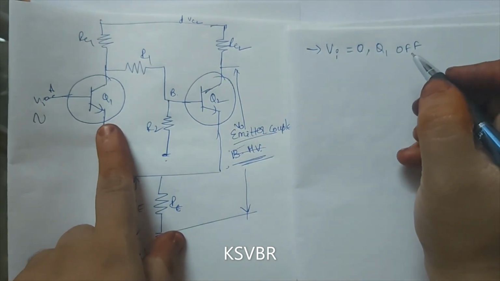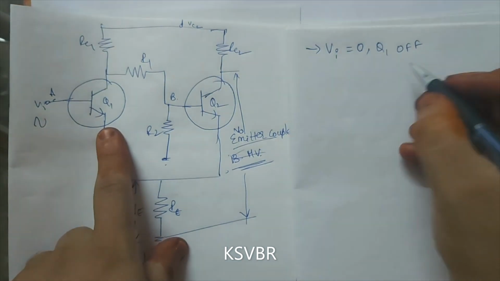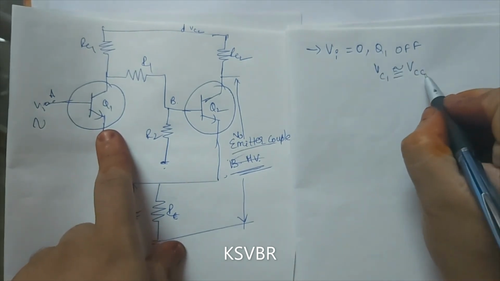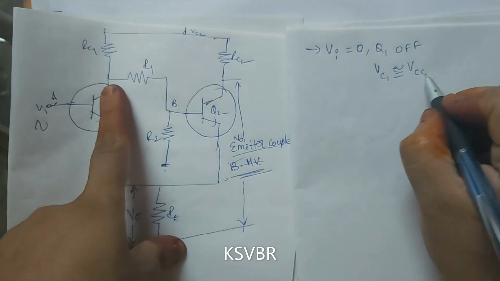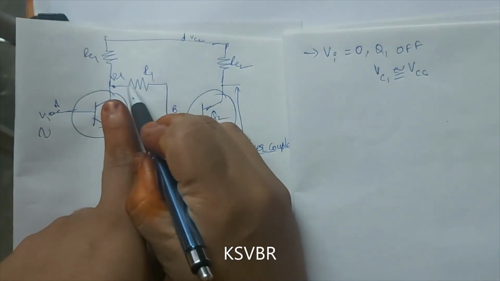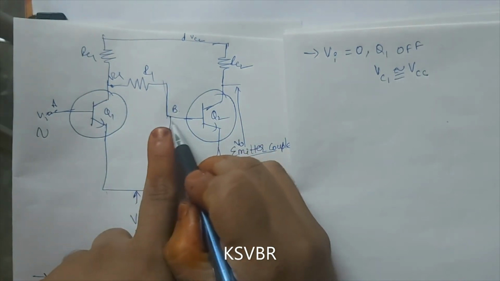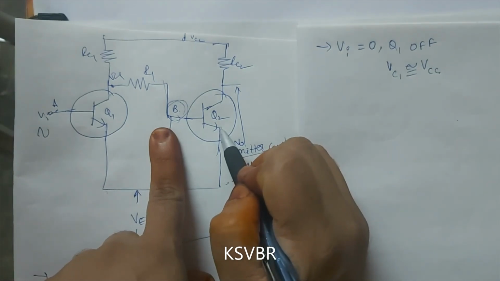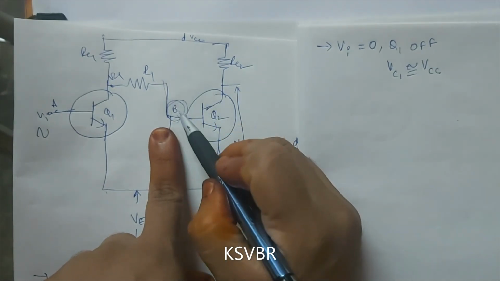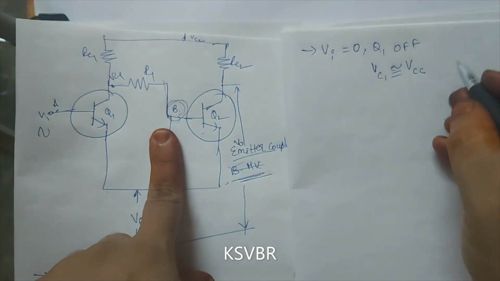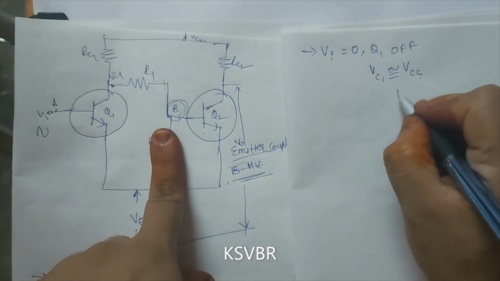So Q1 is off, and VC1 will be approximately equal to VCC. That voltage is sufficient to drive Q2 transistor into on condition, since there is a higher voltage at the base of the NPN transistor.